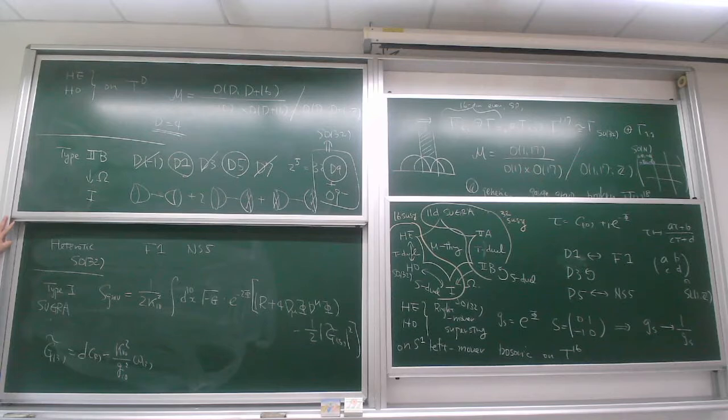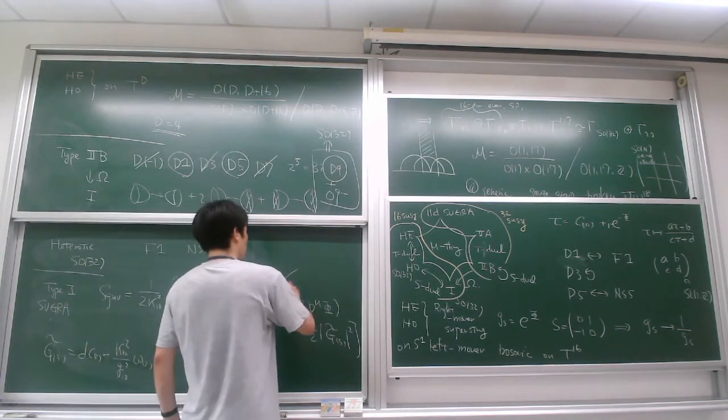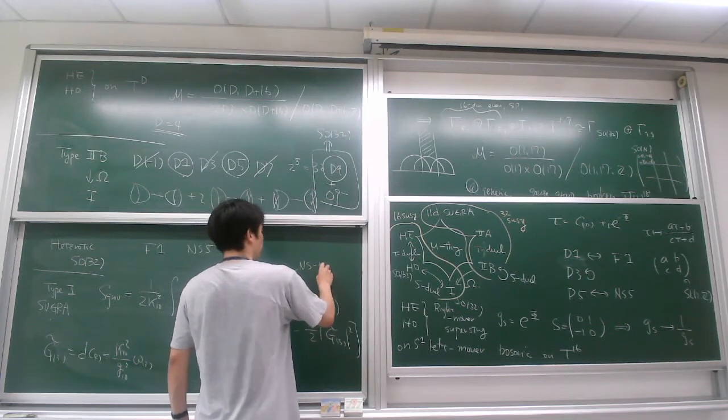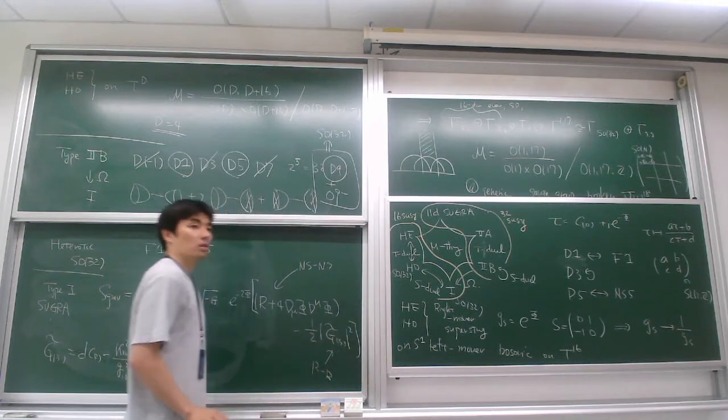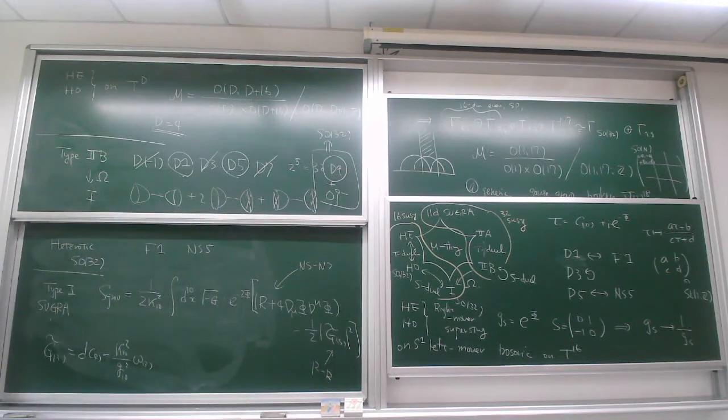Type 2 supergravity action. This is the NS sector, and this is the Ramond sector coming in. So what is the difference between type 2 and type 1?